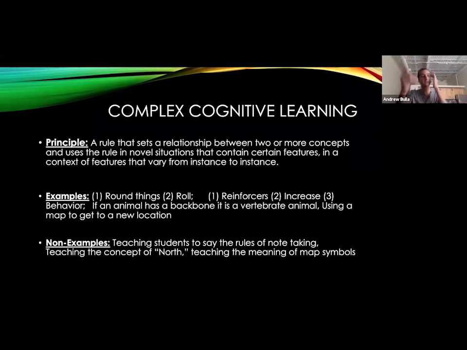Moving up from concepts, we have principles. And a principle is a rule that states the relationship between 2 or more concepts, and an individual can use the rule in novel situations that contain certain features in a context of features that vary from instance to instance. So it's taking these rules now and applying them.